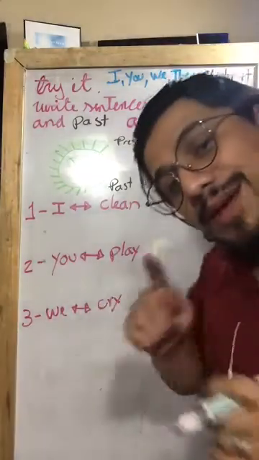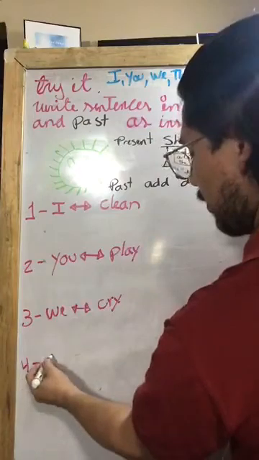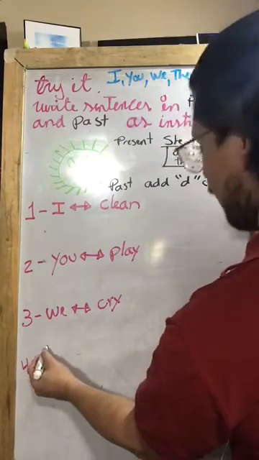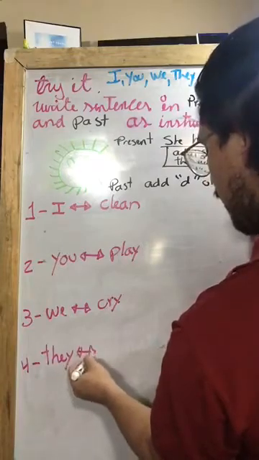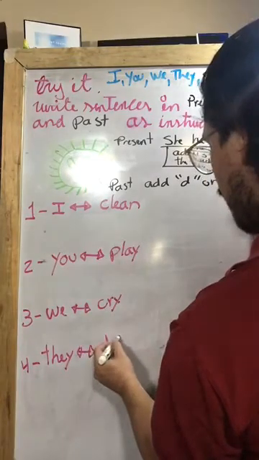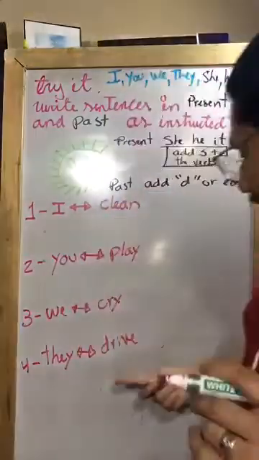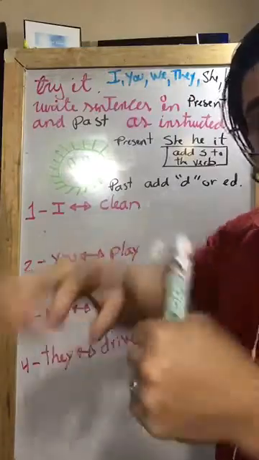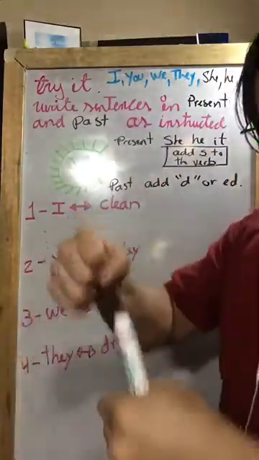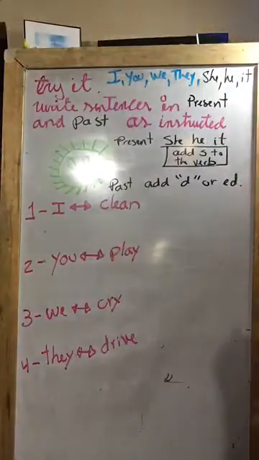Some of them we already did. Number four, they, drive. Remember that this one means when you have a car and you can drive it. You can use your car. That would be drive.